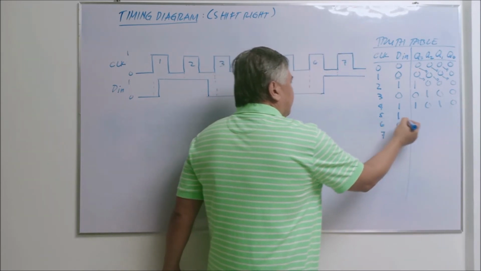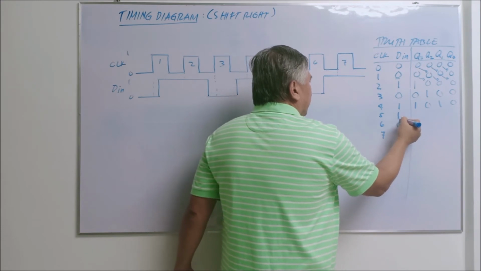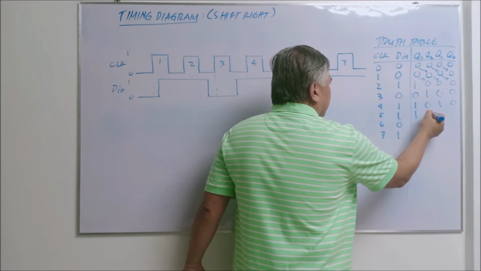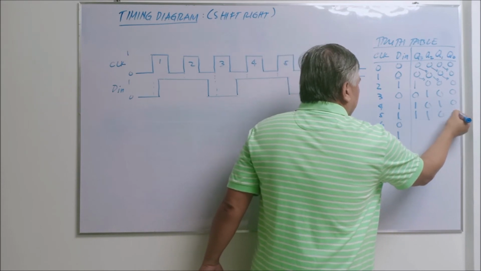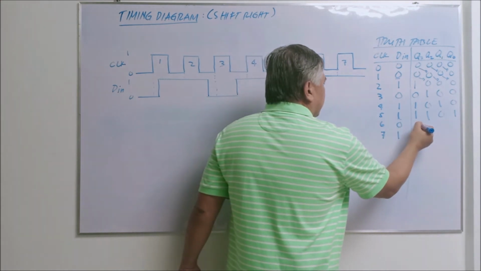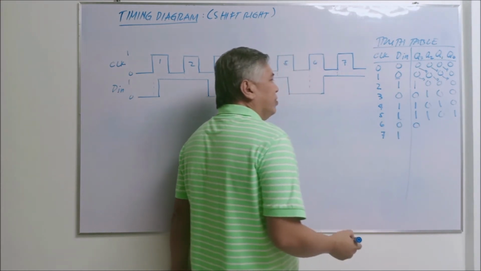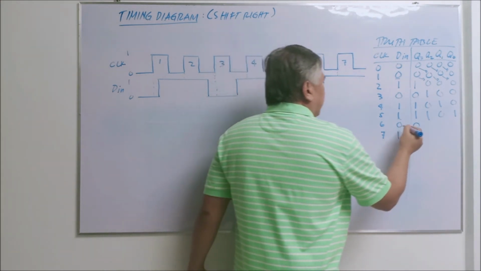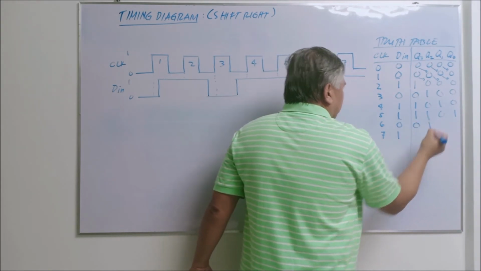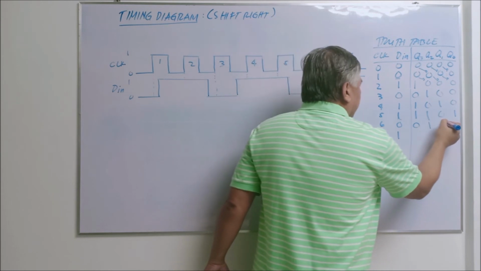And then, fifth positive, this is 1. So this becomes the value here. And then here will move to the right. This one to the right. This one to the right. Okay? Then, 6, 0. So that becomes the value of your Q sub 3. Then this one moves to the right. This one moves to the right.